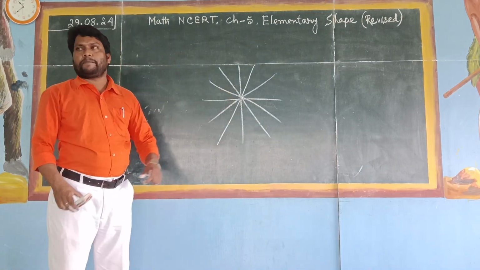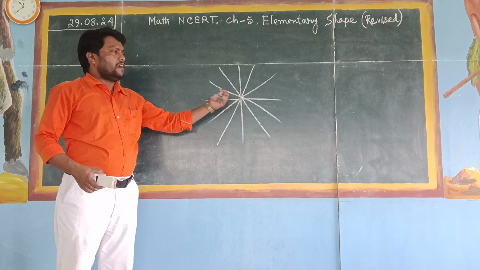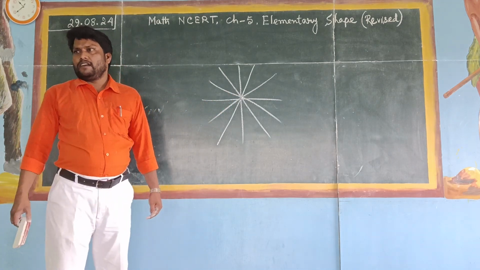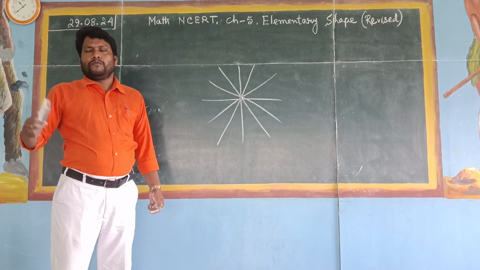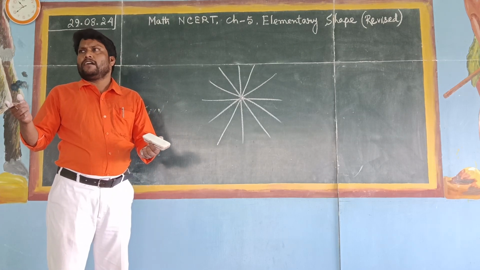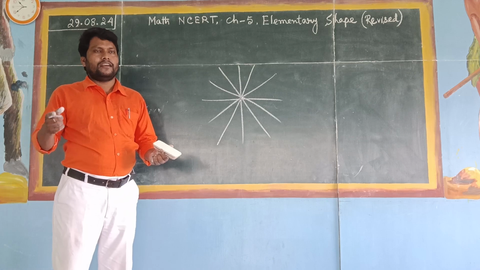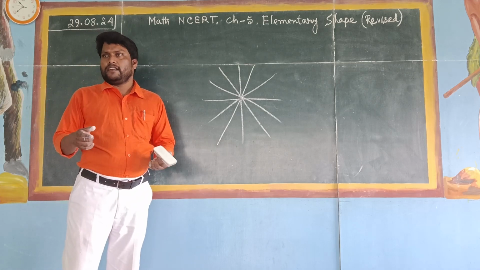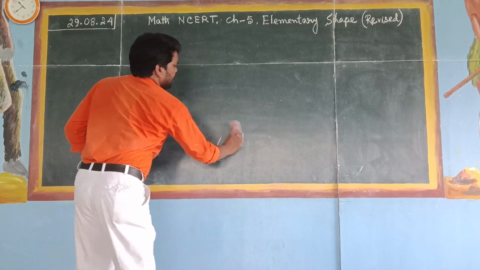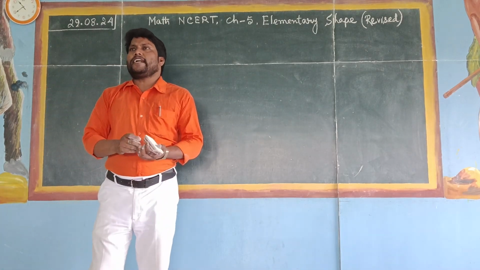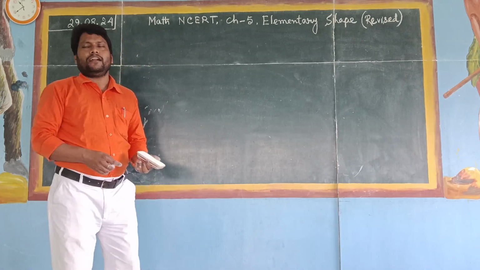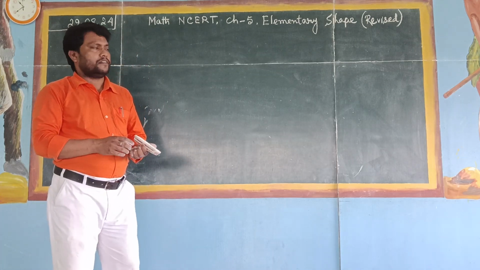This type of geometrical figure you will find in our Ashok Chakra, spokes of the tire, spokes of the cycle tire, and different kinds of instruments that are formed from wood. Okay. So these are called concurrent points.